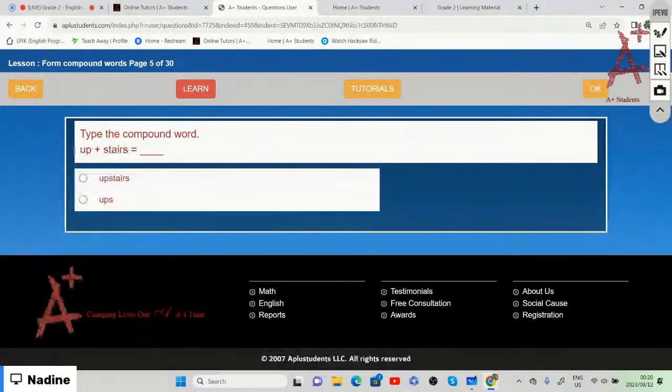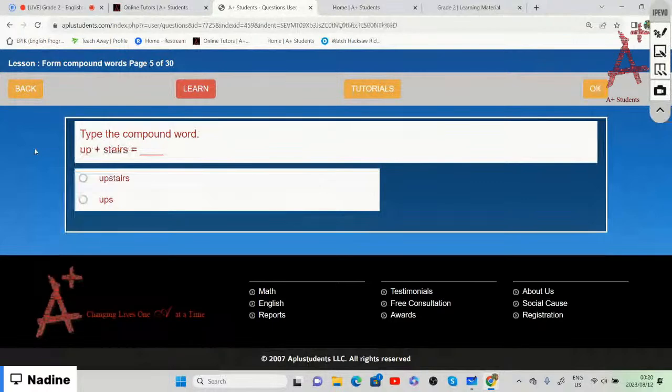Then we have upstairs, right? So we have our two words, which is up plus stairs. And we need to form one bigger word, which is called our compound word.